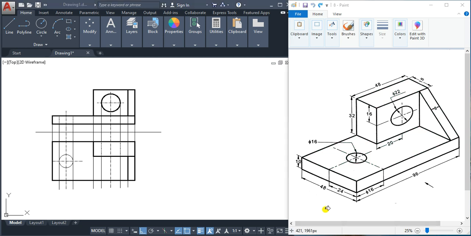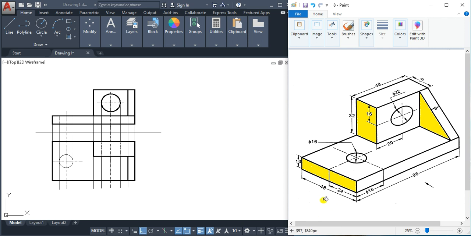If you see in the side view, the surfaces which are visible are this surface, this surface and this surface. So we will take this direction as the side view direction, and in this direction this surface is visible, that is 48 by 10, and this surface is visible, and this triangular surface is visible.